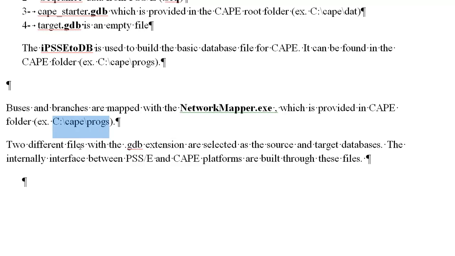Two different files with the GDB extension are used as the input for this program. One is used as the source file and the other one is the target database.